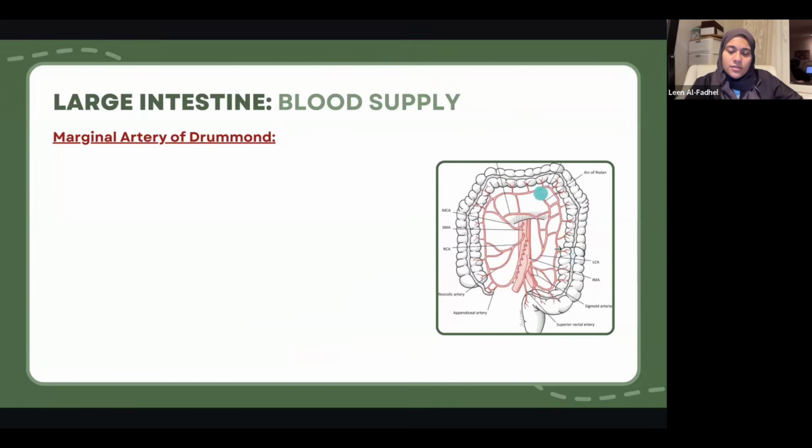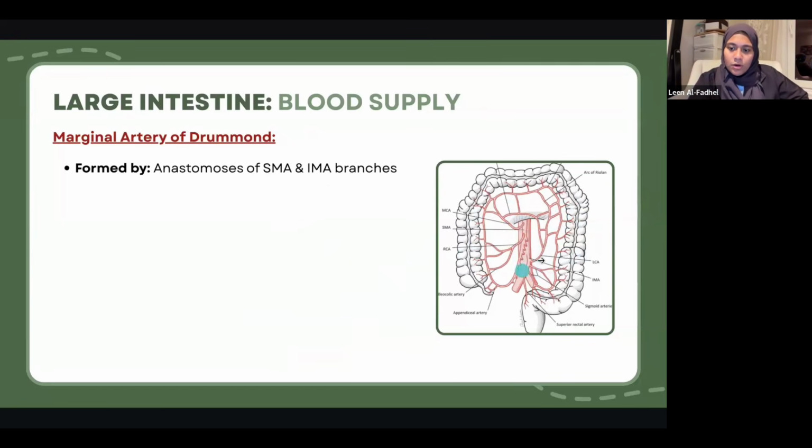Now, our last arterial concept for the large intestine is the marginal artery of Drummond. Remember when I said all of these arteries will combine together to create a collateral circulation? Well, the marginal artery of Drummond is that collateral circulation. It is formed by the anastomosis of the superior mesenteric artery and the inferior mesenteric artery, and it continues along the mesenteric border of the colon.